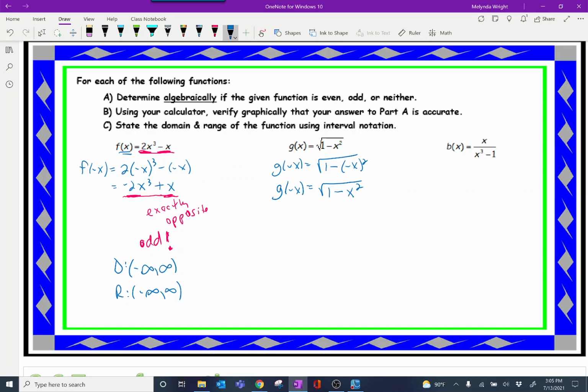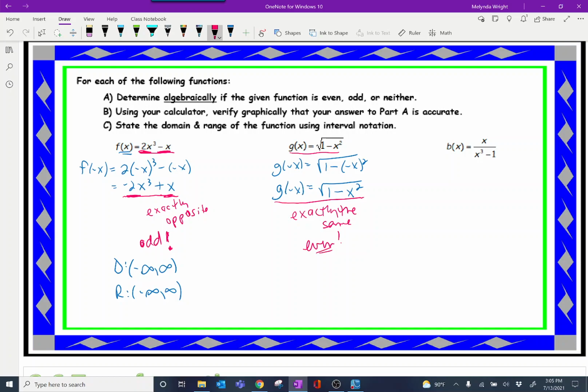And we're comparing this one to this one, and they are exactly the same. So therefore this one is even.